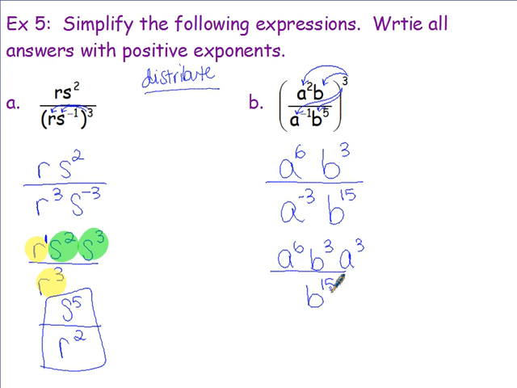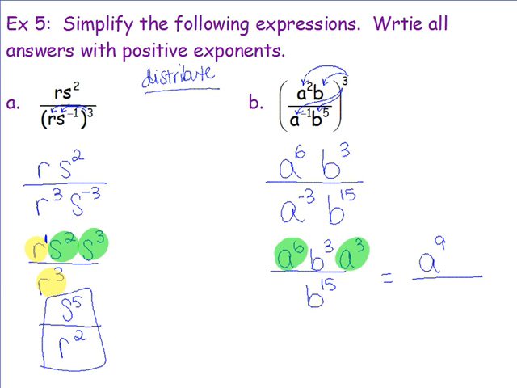Finally, do we have any like terms? Yes, we do. We got an A and an A. They are side by side, which means we add. 6 plus 3 makes 9 A's on the top.